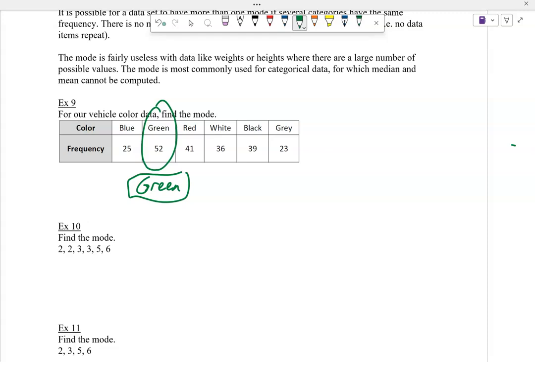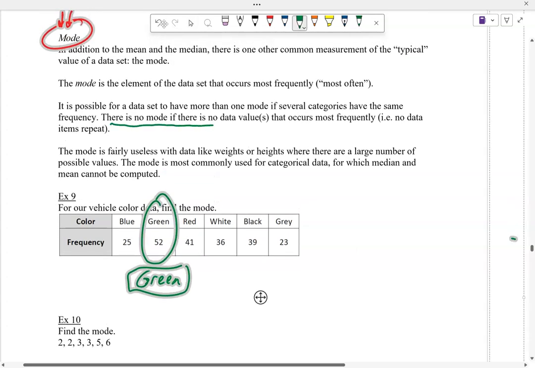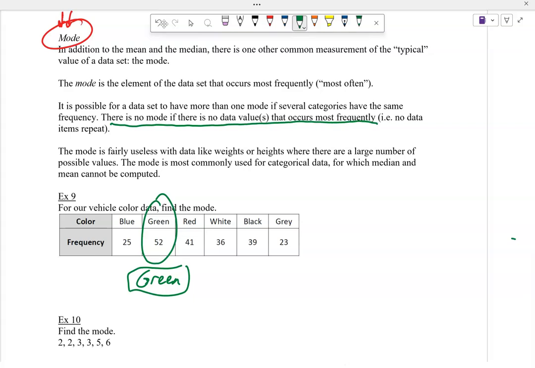Now you should note there is no mode if there's no data value that occurs most frequently. And if you have data values that have the same amount, but they're the most, then you can have a couple of different modes.